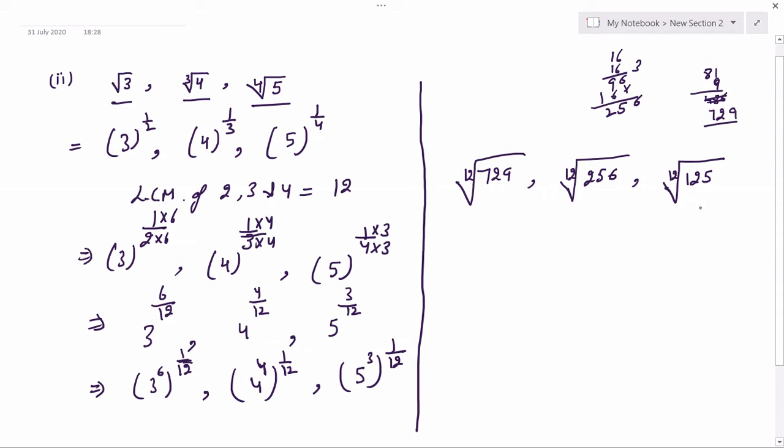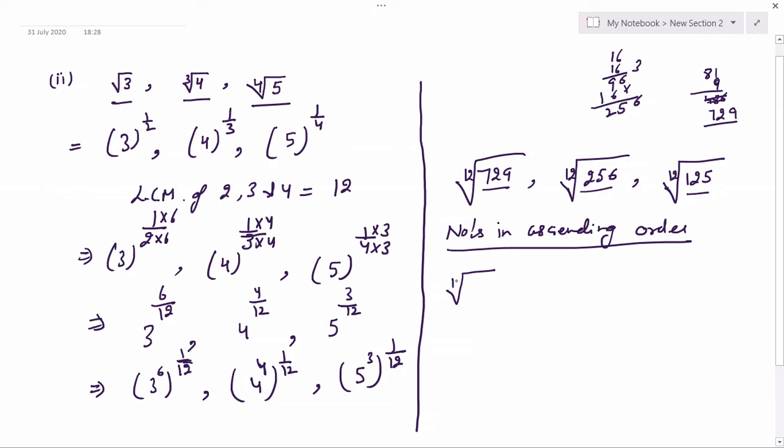Now you can arrange the numbers in ascending order according to the numbers given inside the root sign. You have to write down this statement because without writing this you cannot arrange them. Now this is equal to the 12th root of 125, this is the 12th root of 256, and the last one is the 12th root of 729.